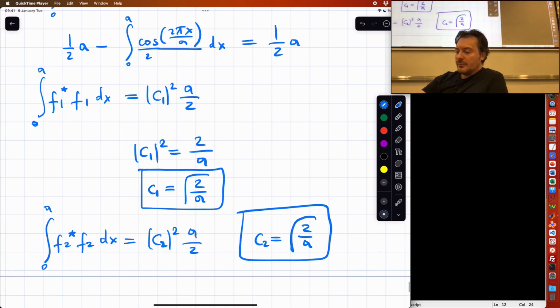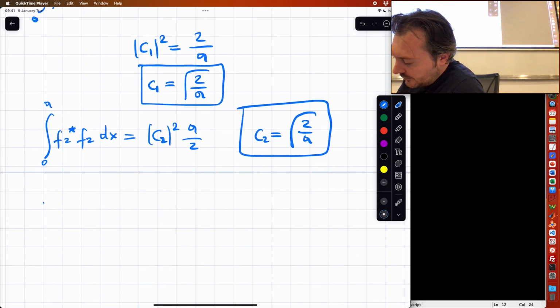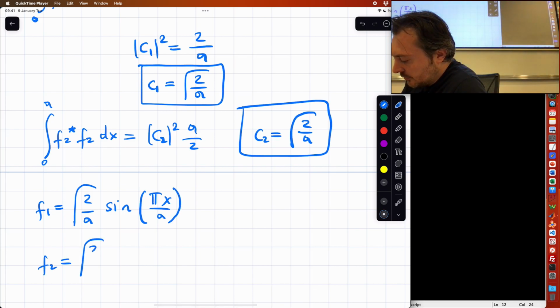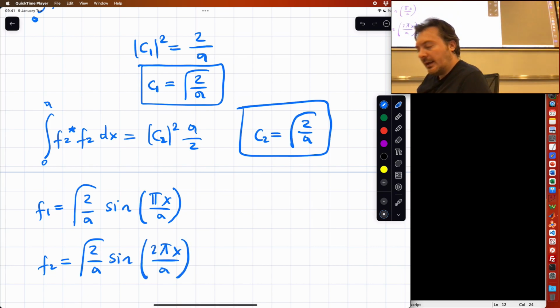So we have two functions now. We have f1 equals square root of 2 over a sine pi x over a, and f2 equals square root of 2 over a sine 2 pi x over a. And they are normalized. What do we need to do to figure out whether they are orthogonal or not?